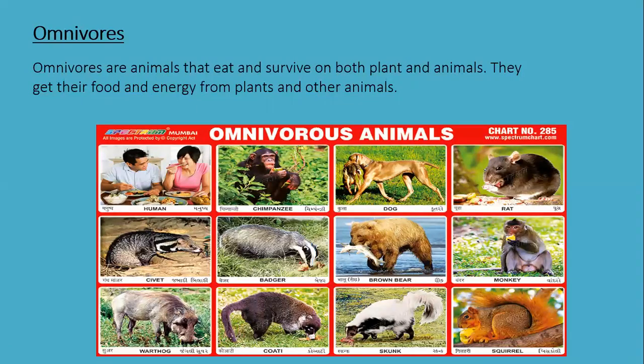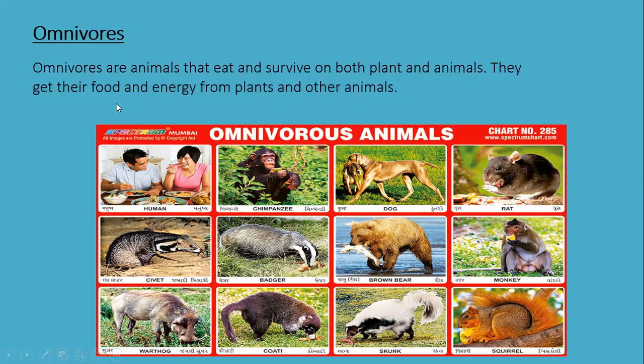Now, the third type of consumers are omnivores. Who are they? Omnivores are animals that eat and survive on both plants and animals. Herbivores eat only plants, carnivores eat only meat, and omnivores eat both. They eat plants, and whenever they want, they eat the meat of different animals, like chicken, goat, fish, or the meat of other animals, or if they don't get meat, they can eat plants also.